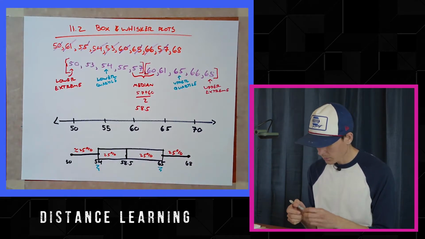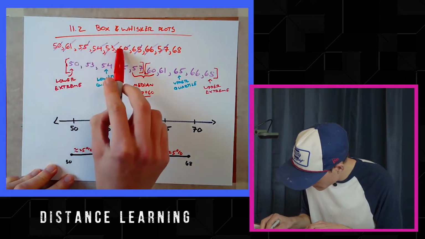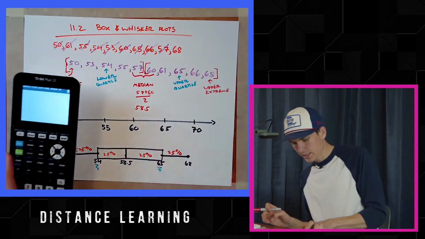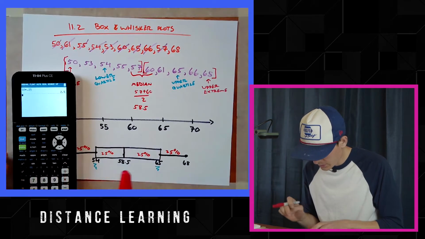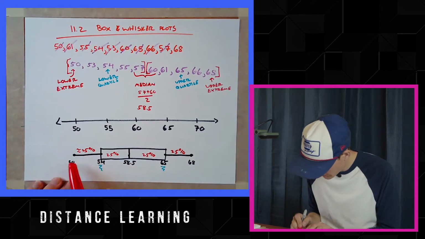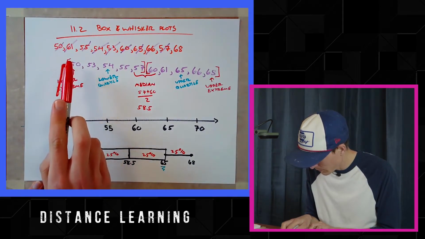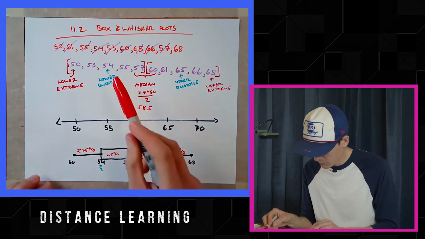So we had 1, 2, 3, 4, 5, 6, 7, 8, 9, 10. I'm not sure we're going to get exact numbers. So 25% of that is 2.5. So somewhere between 2-ish and 3 should fall between 50 and 54. Between 50 and 54, 3, and if you don't count it, 2.